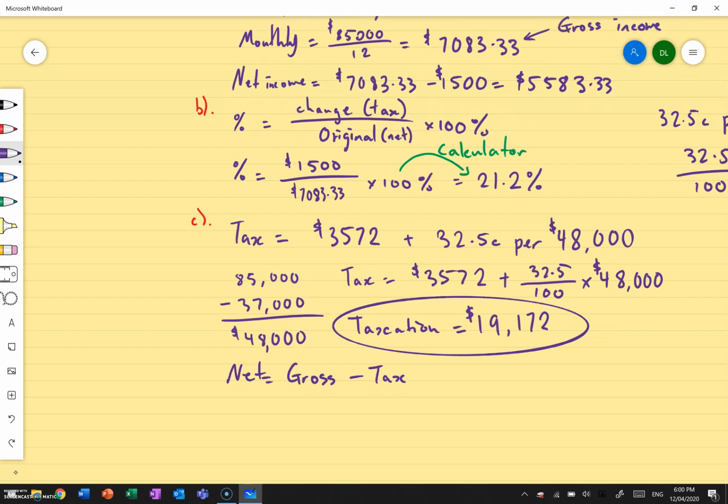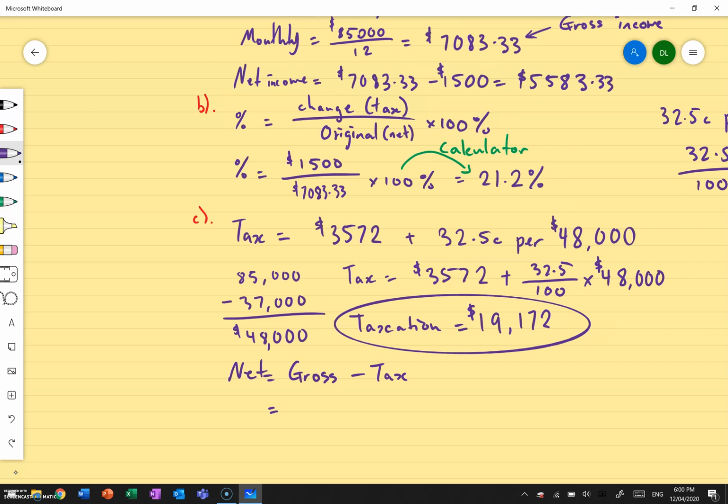So our net, we don't know what it is yet. It's equal to gross, which is 85,000. Remember, that's how much you earned before this tax. Minus our tax, which is 19,172 that we just calculated before. Put that in the calculator, and your net income is equal to $65,828. And that's it. That's how we calculate this kind of question.